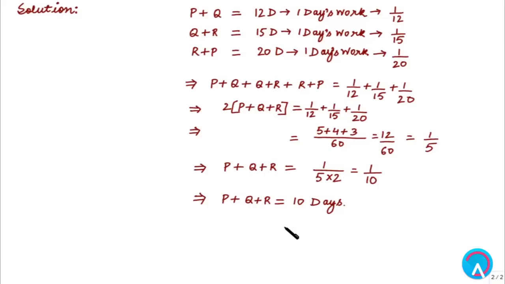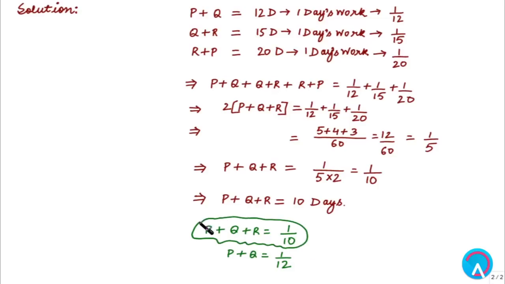So what we'll do here is that we found out that P plus Q plus R is equal to 1 by 10. That means together the three of them finish 1/10 of work in one day, and also P plus Q is 1 by 12. So this is 1 day's work of P, Q and R, and this is 1 day's work of P and Q together.